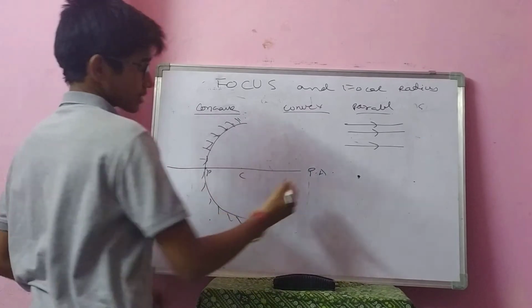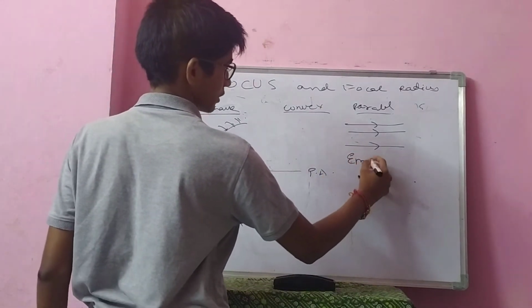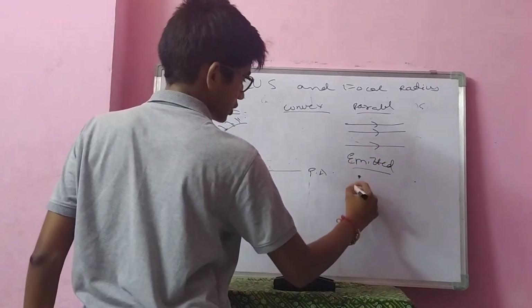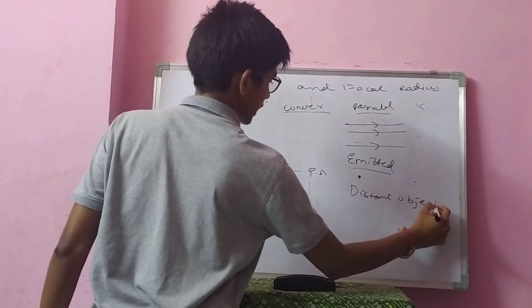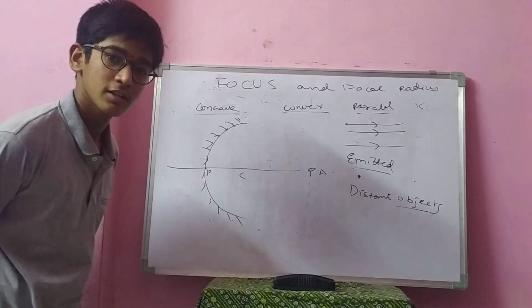Parallel rays are generally emitted by distant objects. Distant objects emit parallel rays.